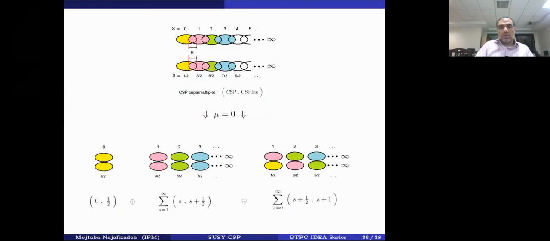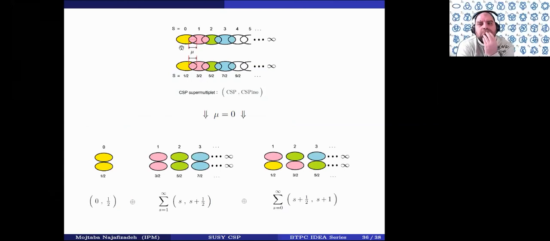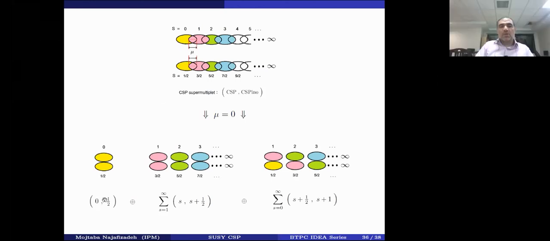Indeed, as you can see, a CSP supermultiplet when mu goes to 0 decomposes, and you can get chiral multiplet plus half-integer spin supermultiplets and integer spin supermultiplets.